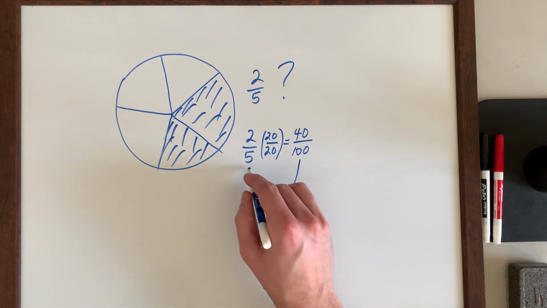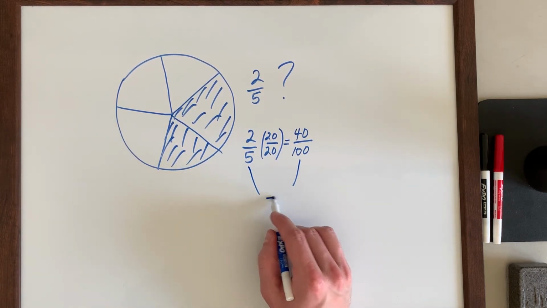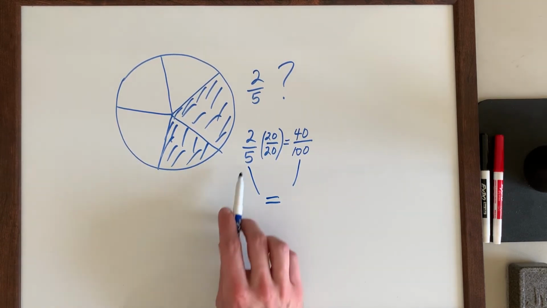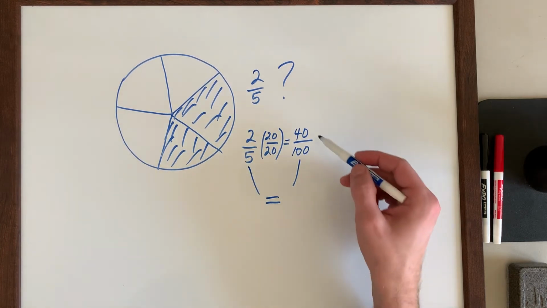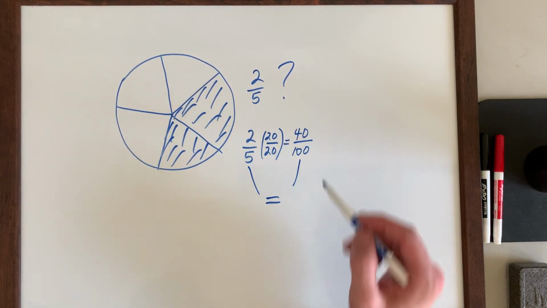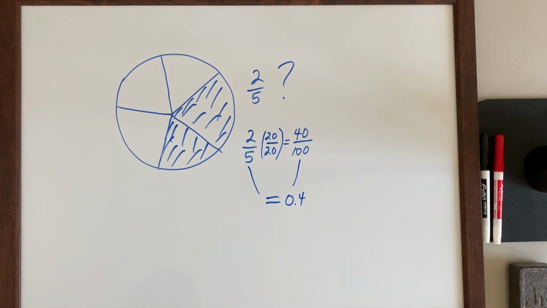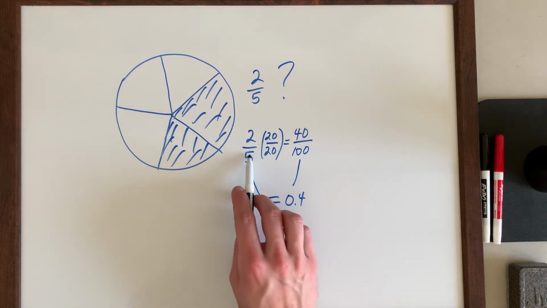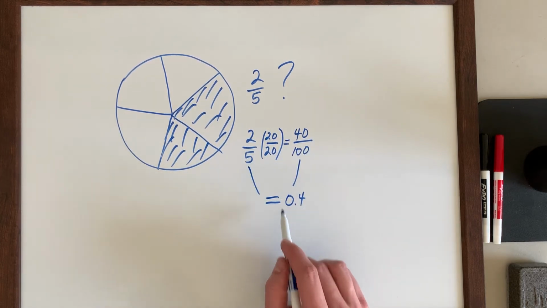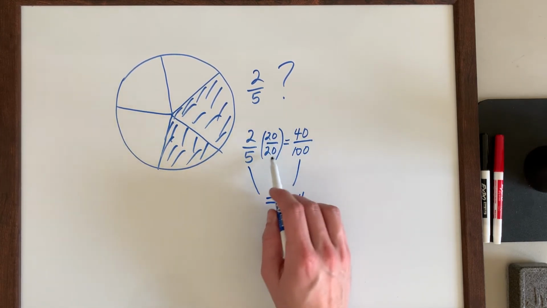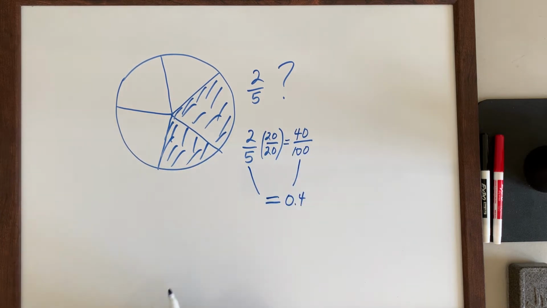Check these 2 fractions in a calculator, and you will find out that they're equal. Both 2/5 and 40 over 100 in a calculator both give you a decimal of 0.4. So they are equivalent, even though they have different numbers. And we got there by multiplying by 1. So it didn't change the value, just the numbers.